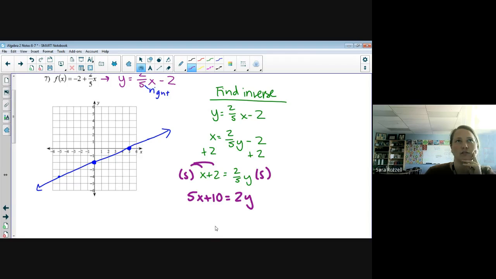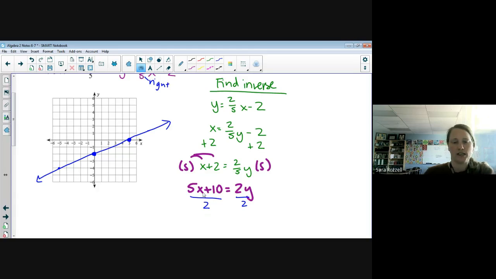Now what do we need to do to get the y by itself? Divide by 2. And I am going to split this up so that it's in mx plus b form. So that's 5 over 2x plus, what's 10 divided by 2? 5.